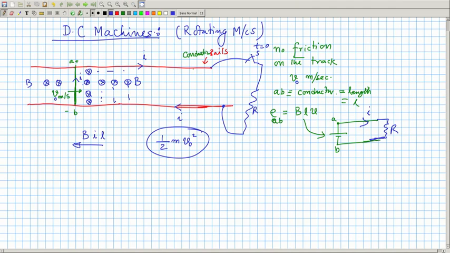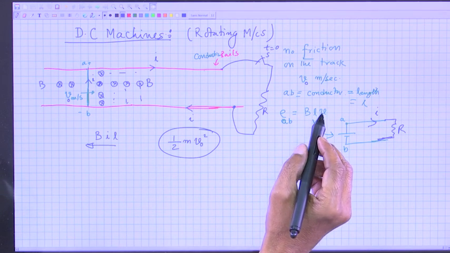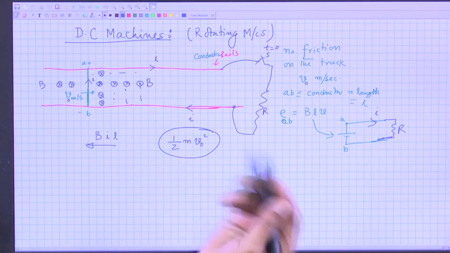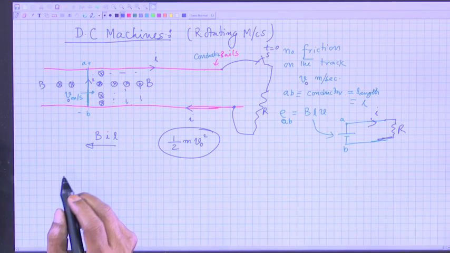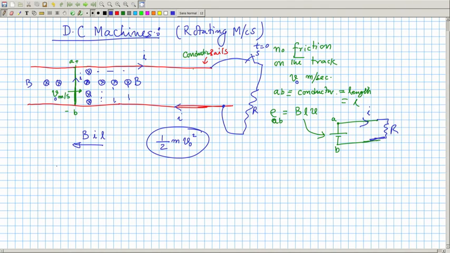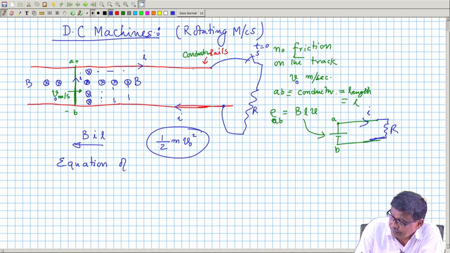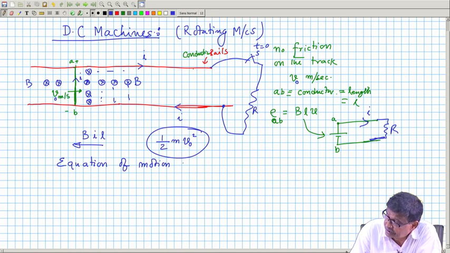For example, for physical reasons I know velocity will become a function of time, the induced voltage EAB will become a function of time and so on. So, I must write down these two equations, the equation of motion for the conductor AB.